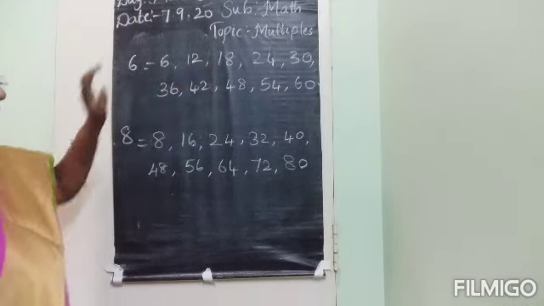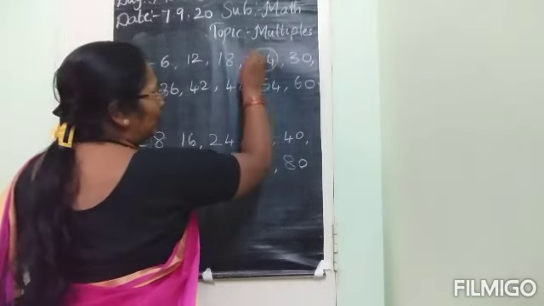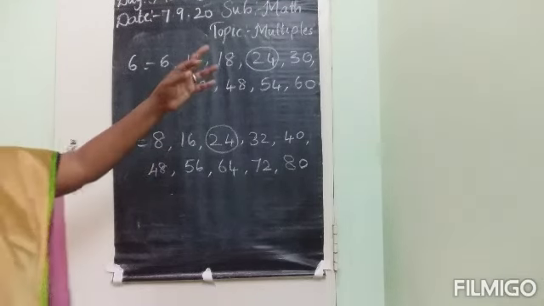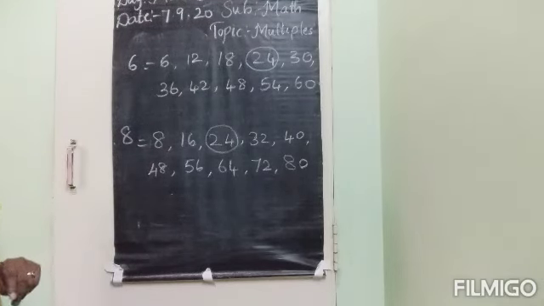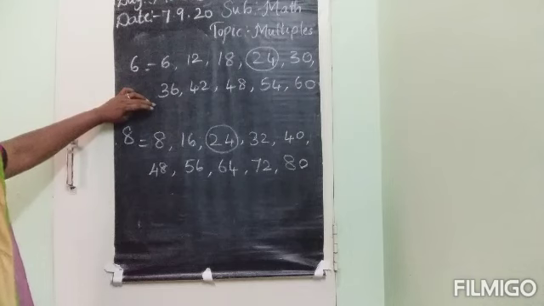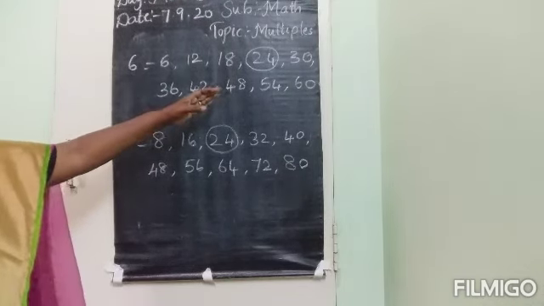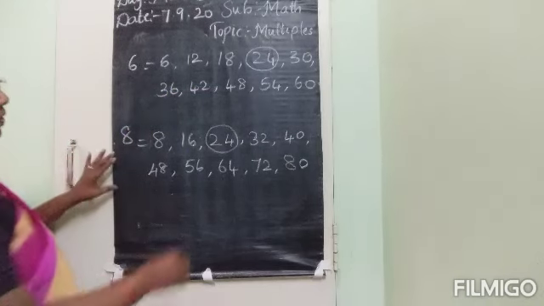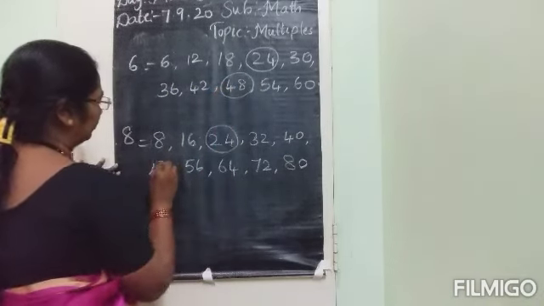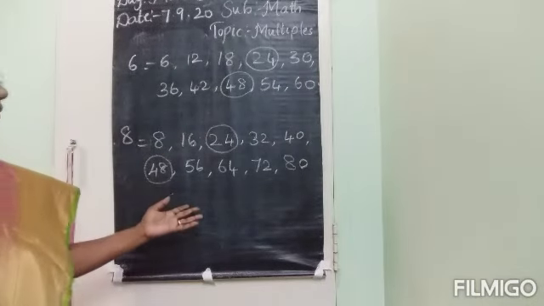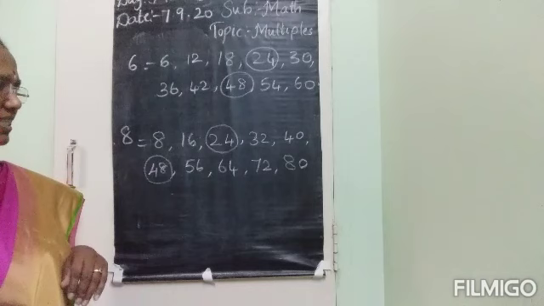Yes, I have 24, so I circle 24. Do I have 30 in both? No. 36? No. 42? No. Do I have 48? Yes, I have 48 in both. And do I have 54? No. Do I have 60? No.